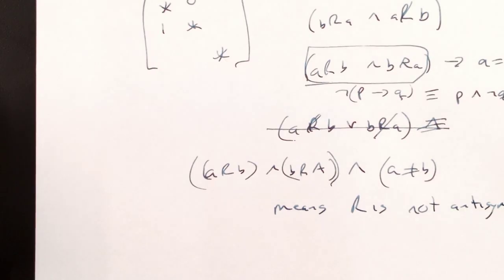If I have two zeros, it's fine. If I have one 0 and one 1, it's fine. The only thing that's a problem is when I have two 1s off the diagonal.